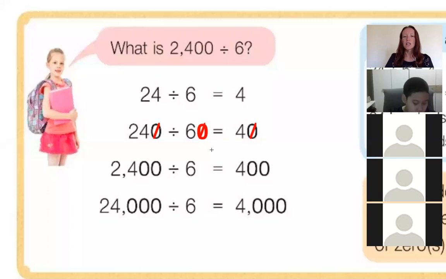Same here. Like if we will have 2,400 divided by 60. So again, what should we do? First of all, we cut zeros, right?